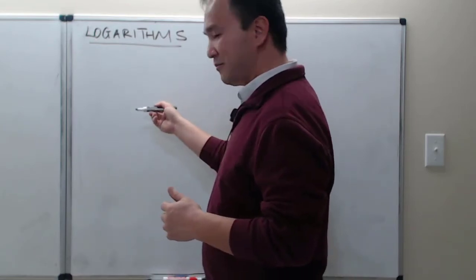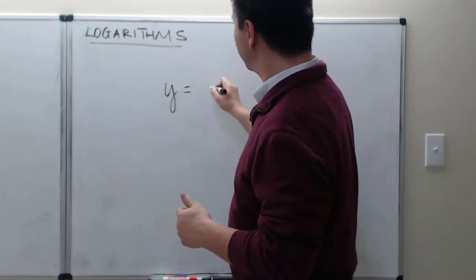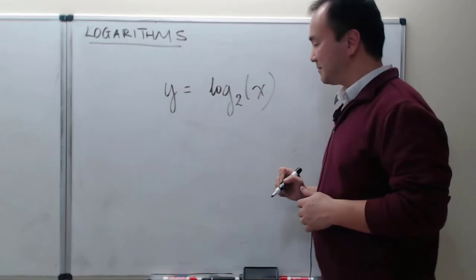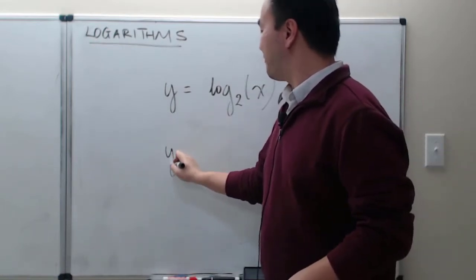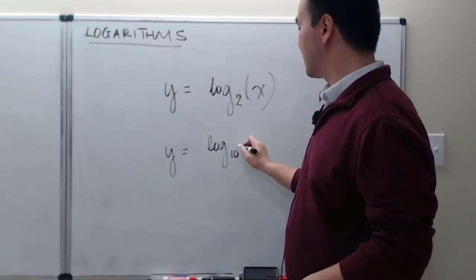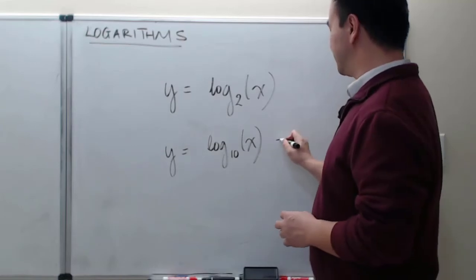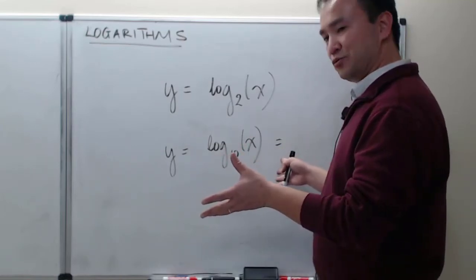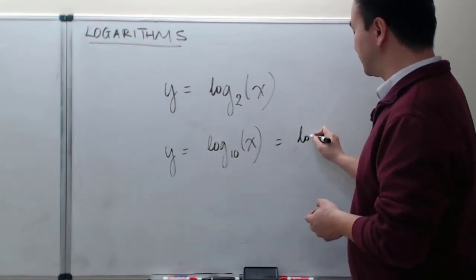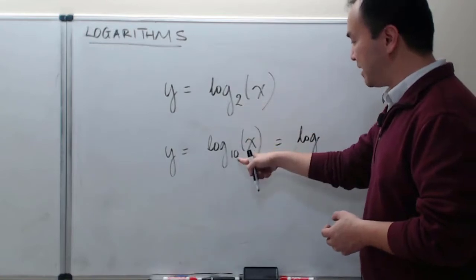At this point we understand that a logarithm is a function. So we can have log base 2 of x, that is a function. We can have a function log base 10 of x. As a worldwide convention, anytime it comes to log base 10, we can write just the log symbol and skip the base. So these are the bases of your log.